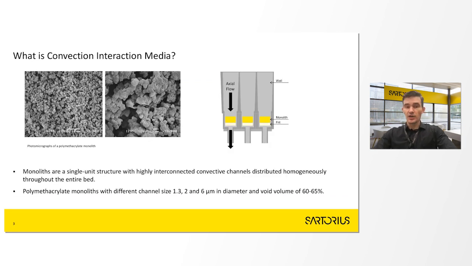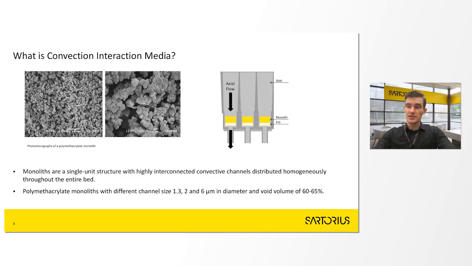To start off, convective interaction media, the trade name that we call our monoliths, is a chromatographic media made as a single unit structure that is highly interconnected with convective channels that are evenly distributed throughout the entire bed.